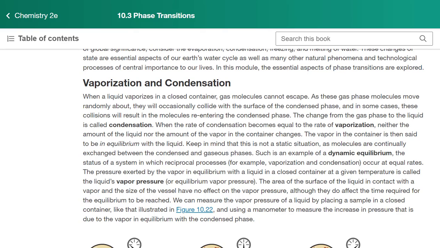So when we have a phase transition from the gas phase to the liquid phase, we call that condensation. So anytime you see a liquid forming, you might see this on the commercials for certain beverages, where they'll show zoomed up pictures of little water droplets forming on the outside of a cool beverage.